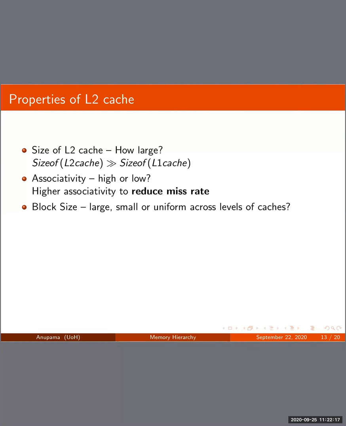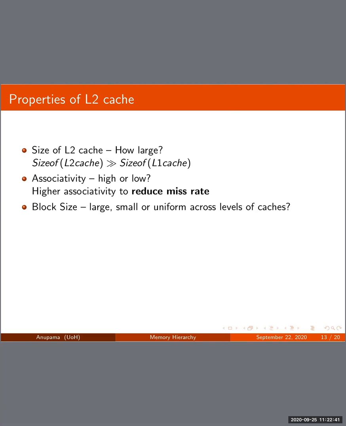Okay, what about block size? Now, the question here is, we have L1 cache, which is small. We have an L2 cache, which is large, as we have discussed just now. So, we also know that a large block size reduces miss rate. We have discussed that also, right?